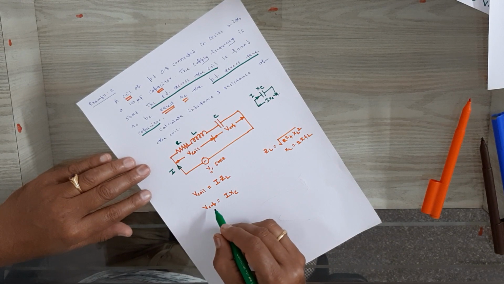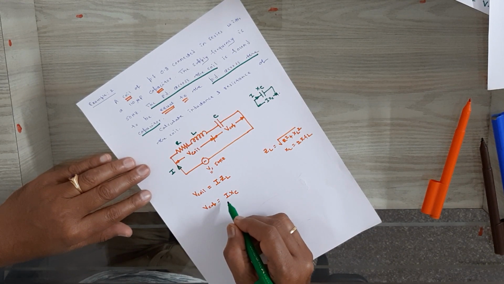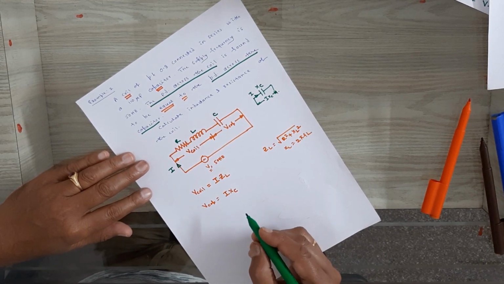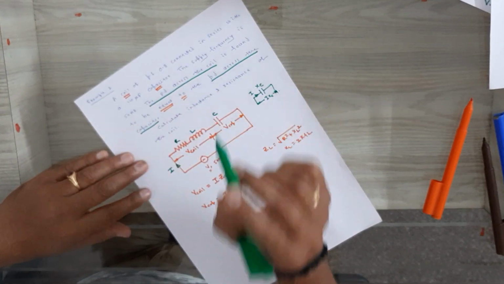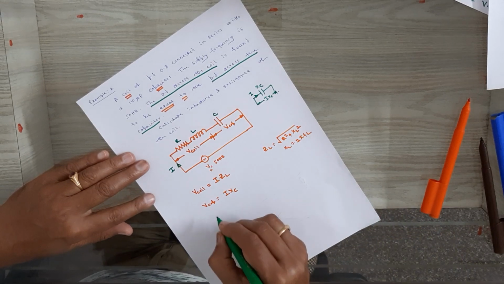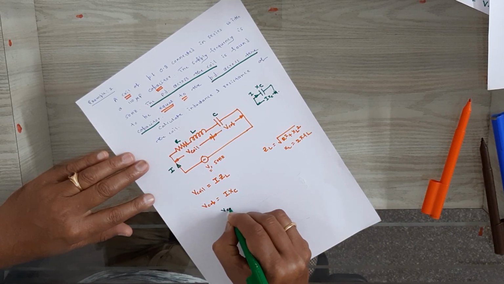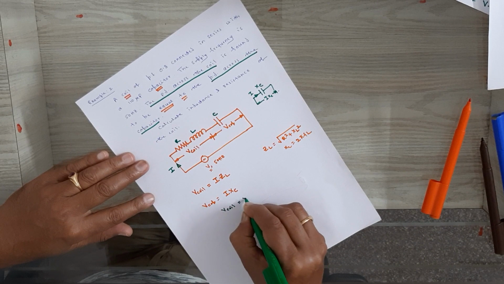Therefore, V cap is nothing but I into XC. Now, what is the condition given? The PD across the coil is equal to the PD across the capacitor. Therefore, I will make use of that. V coil is equal to V cap.